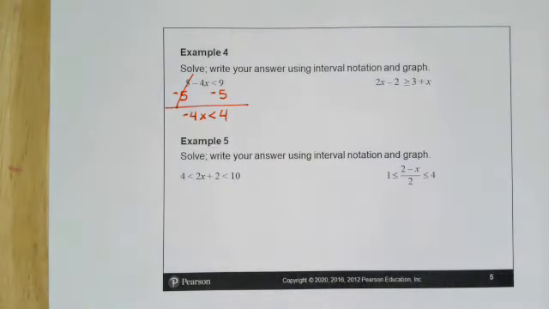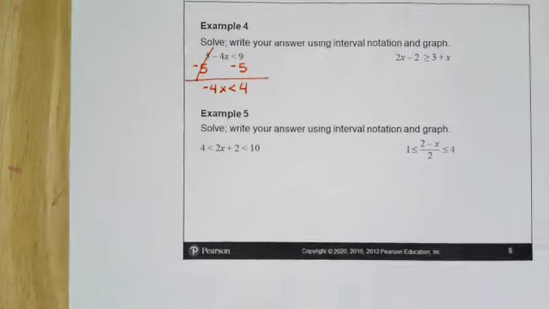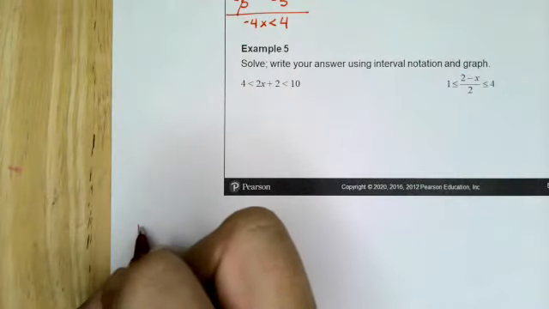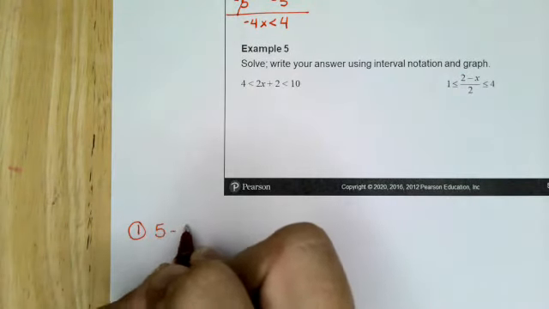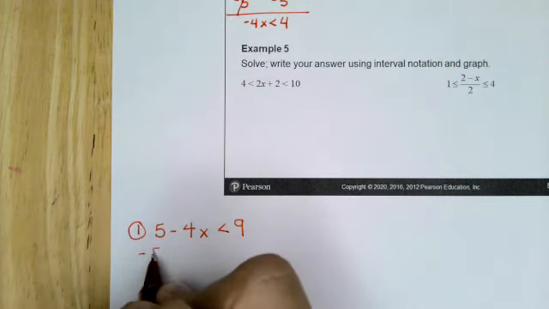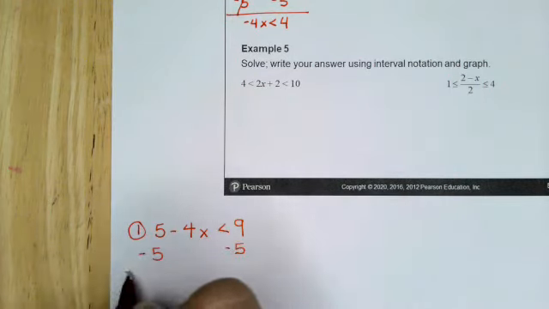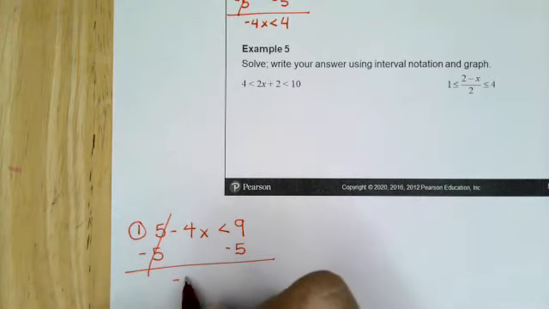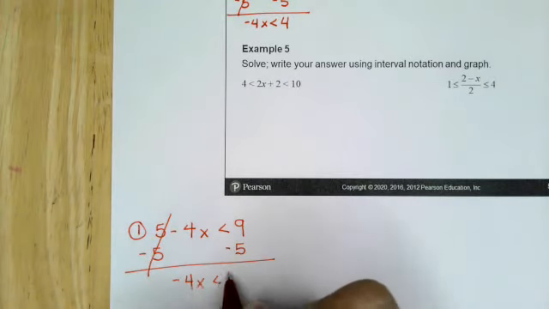Now I'm going to divide. I'm going to write this all down here. I'm going to run out of space immediately. All right, so number 1 was 5 minus 4x is less than 9. We took away 5. We got -4x is less than 4.